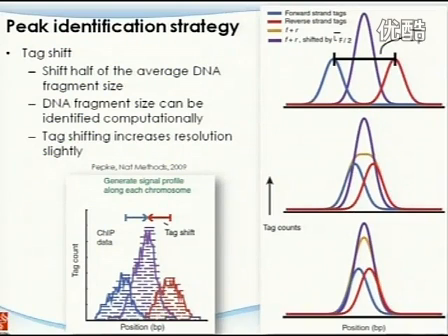So this tells you that tag shifting will increase the resolution slightly and increase the signal intensity slightly as well. So this is the first strategy people use because of this particular protocol, which is called tag shifting. Any questions here? Yeah.